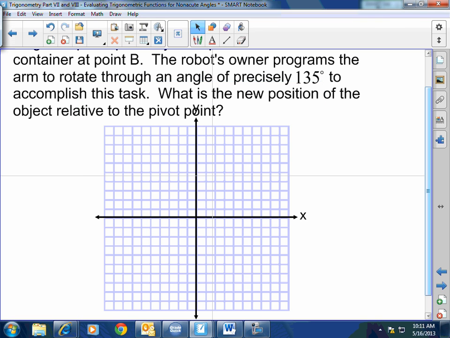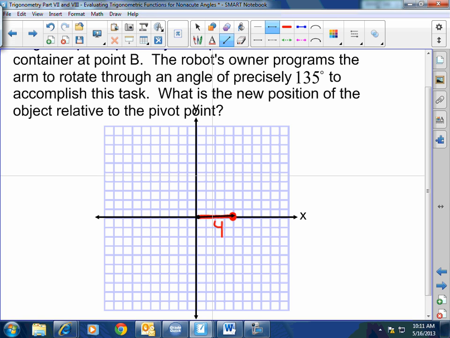We know that when we're in standard position, we're going to do this in red so you can see, the arm is 4 units long. That arm now is going to be rotated. Let me draw this here for you as well.